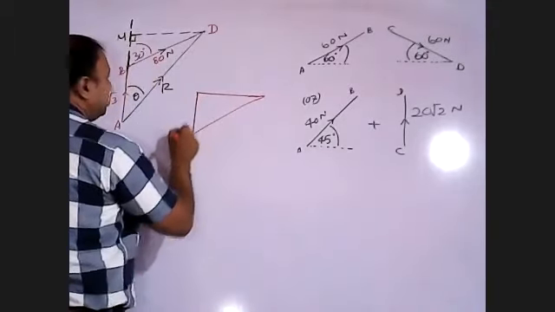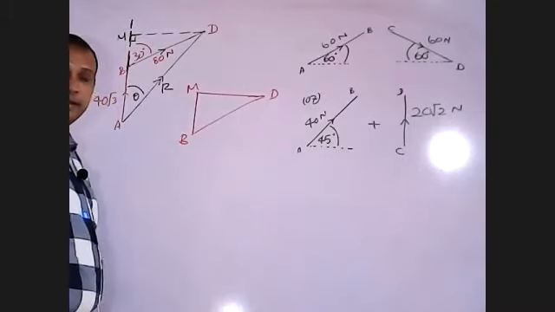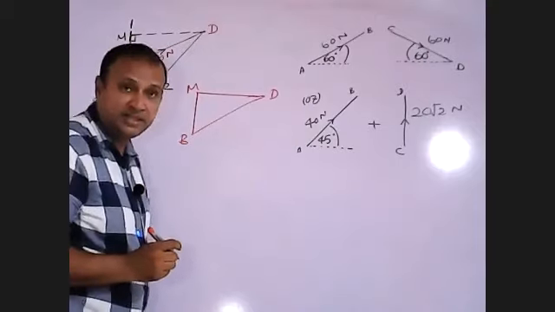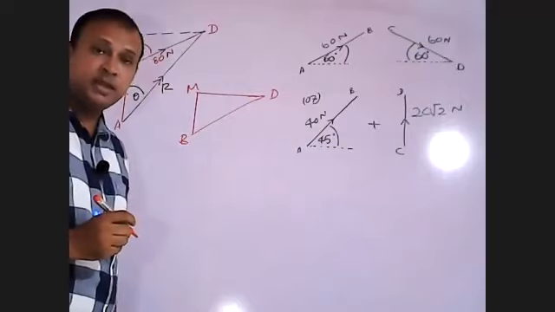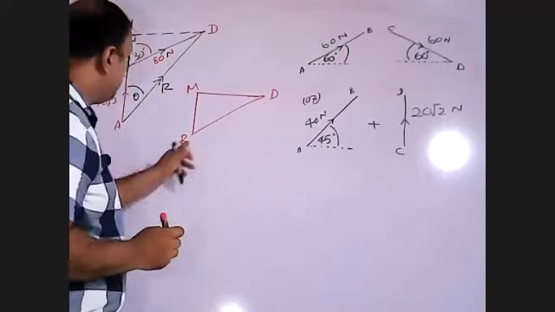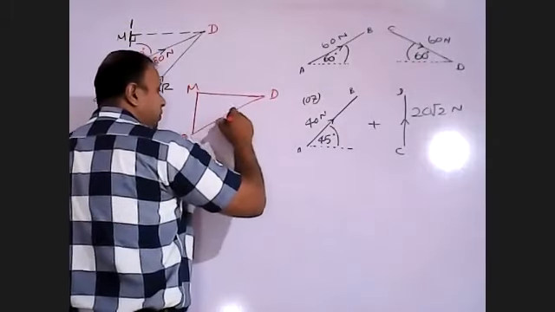This is BMD triangle. In this triangle, what are the known things? You know the length of BD. This is 80. You know this length.